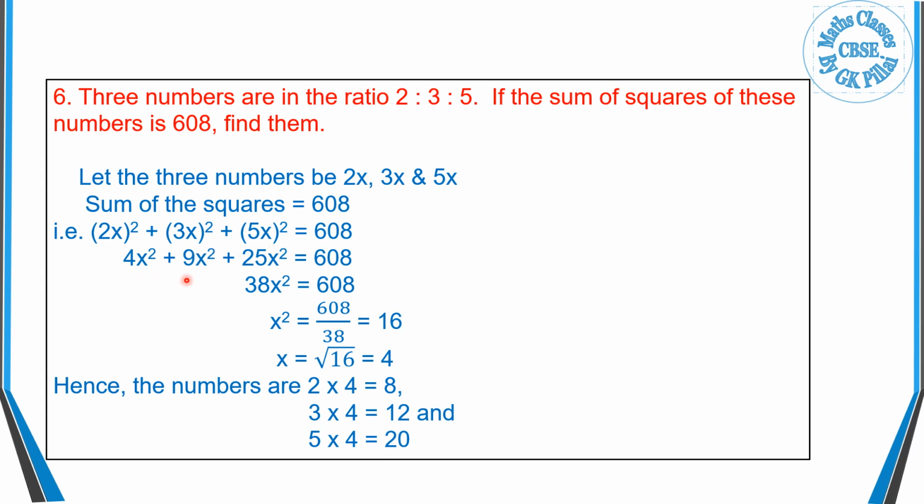This is 4x squared, 9x squared and 25x squared is 608. Add them. You will get 38x squared to be 608. x squared will be 608 divided by this 38. You will get 16. Square root of 16 will be the value of x, 4. Now the numbers will be 2 into 4, 8, 3 into 4, 12 and 5 into 4, 20.